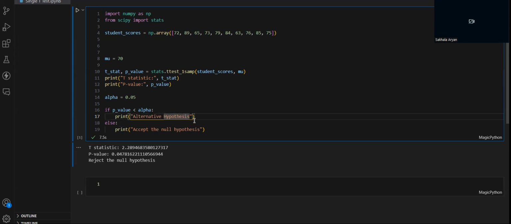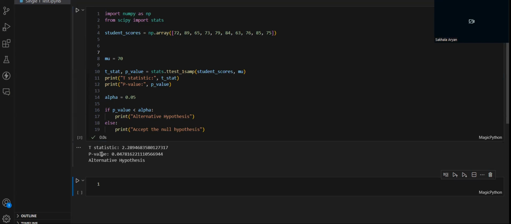Else I will accept the null hypothesis, which is basically that there is no difference between mu and student score. Mu is the mean of scores of all the students in this university, and student score is basically the scores of all the students in a particular class.